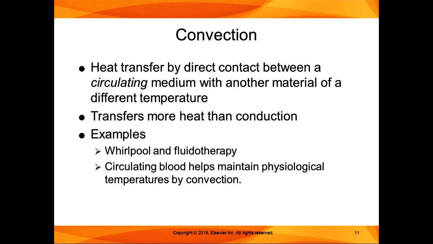And we have some pictures of fluidotherapy in the heat thermotherapy lecture. Circulating blood also helps maintain physiological temperatures by convection. So it takes the warm blood from the core of the body, takes it out to the cold areas in the extremities, and circulates it to maintain your body temperature. So convection transfers more heat than conduction because more molecules are coming into contact with the cooler tissues.